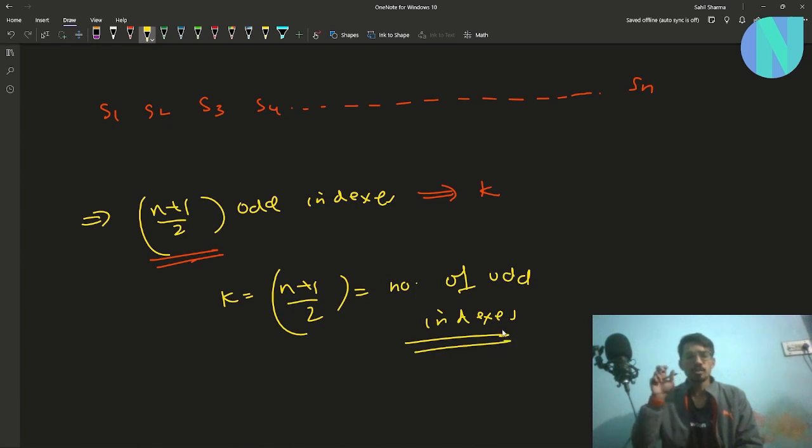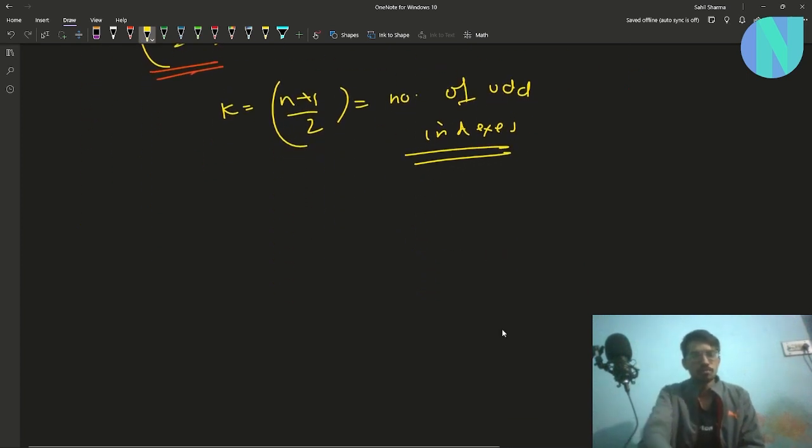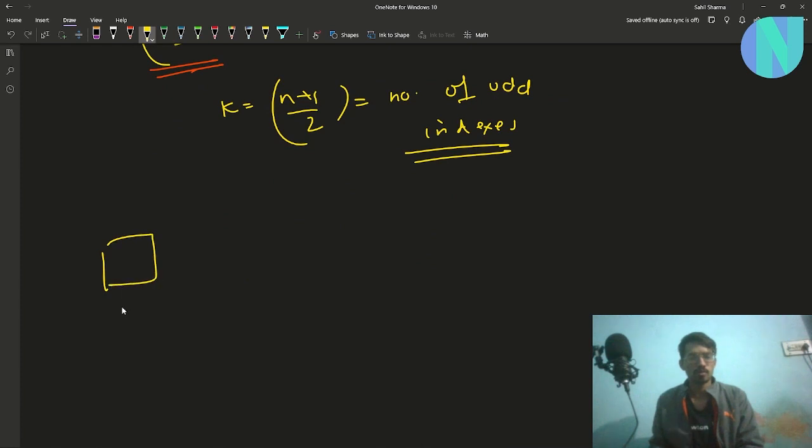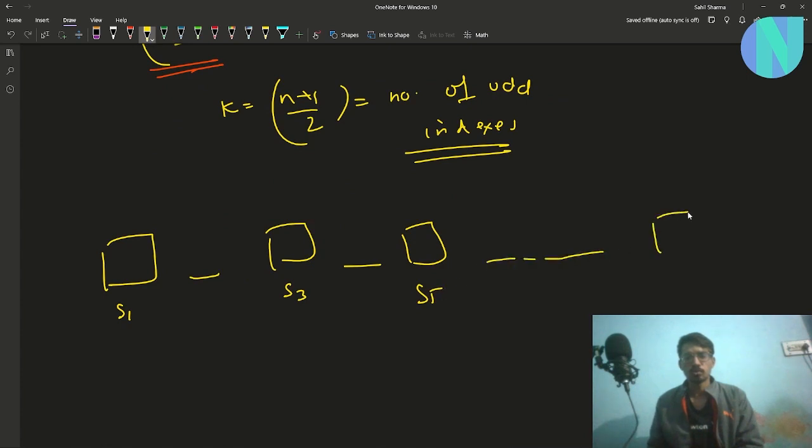Now we can see these k indexes as slots. So we have S1, then we have S3, S5, so on up to Sn. So in total, we will have k slots. Let's say this is slot 1, this is slot 2, this is slot 3, so on, and somewhere we will have slot k.